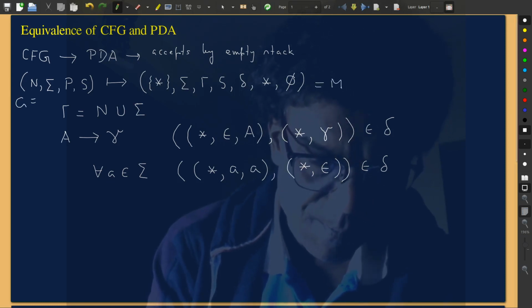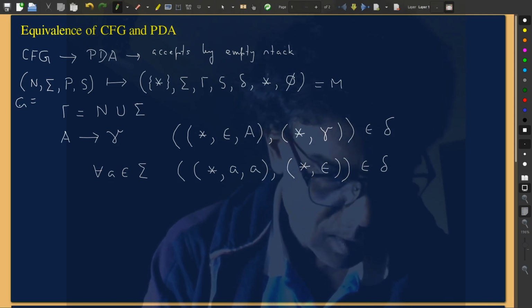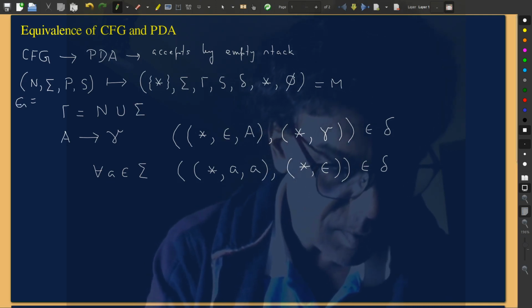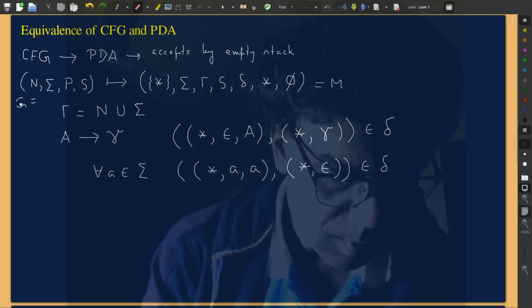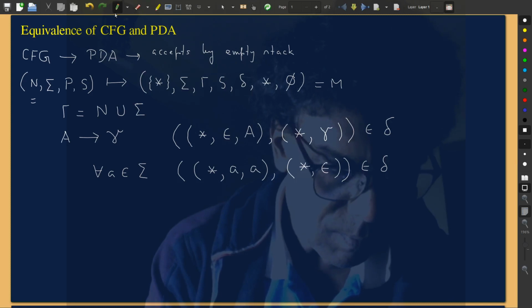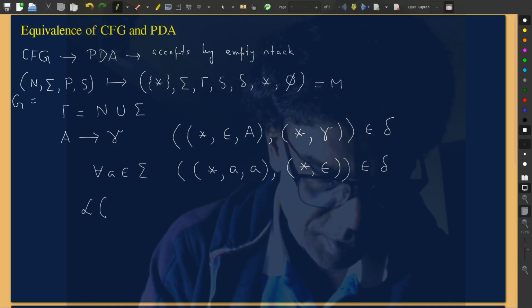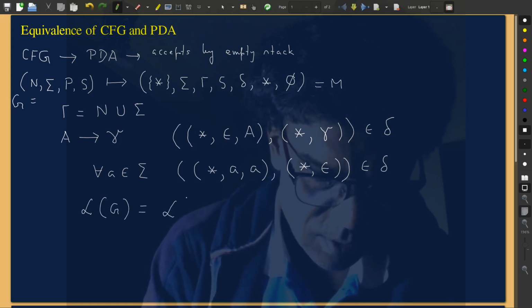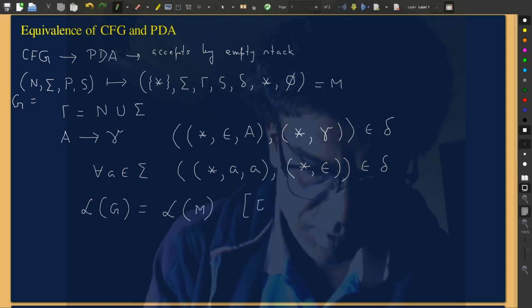Let us call it M. I leave it to you as a formal exercise to show that the language generated by G is exactly equal to the language accepted by M. So this is an easy exercise.